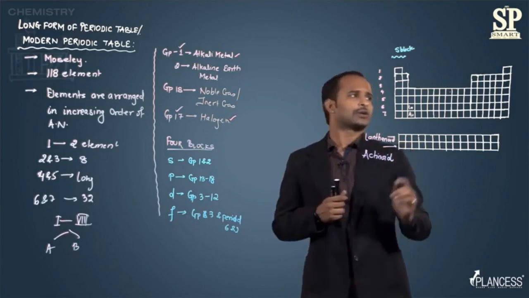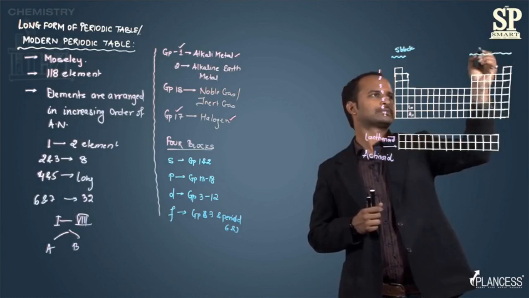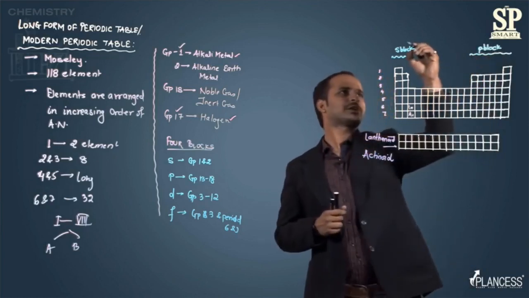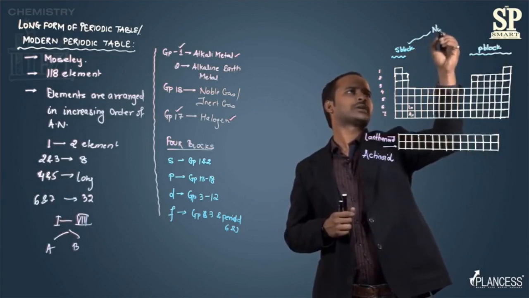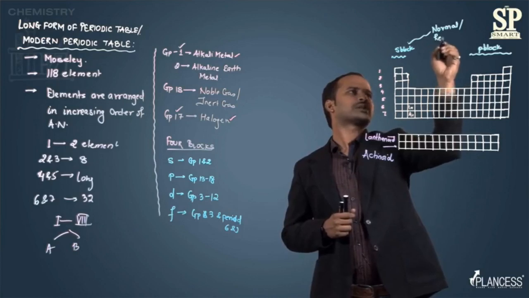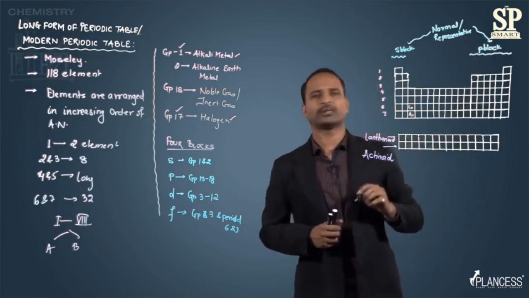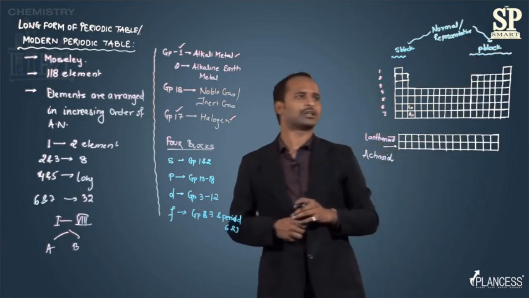Okay, now S block element, and as I said, the P block element. These S block and P block elements are simply known as normal elements, or also known as representative elements.